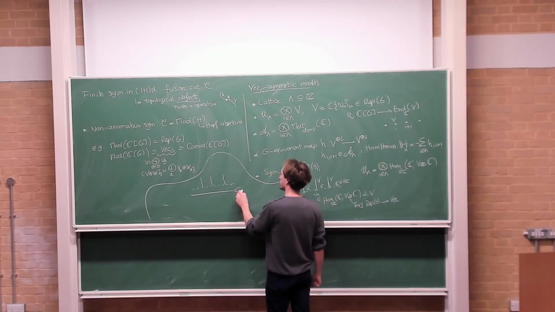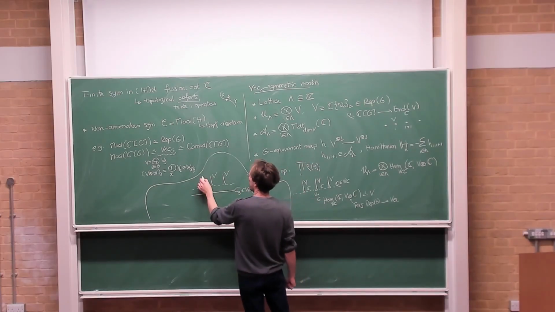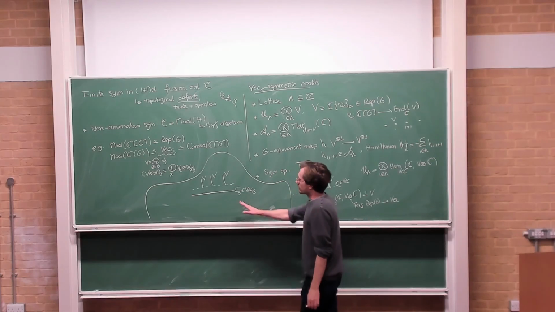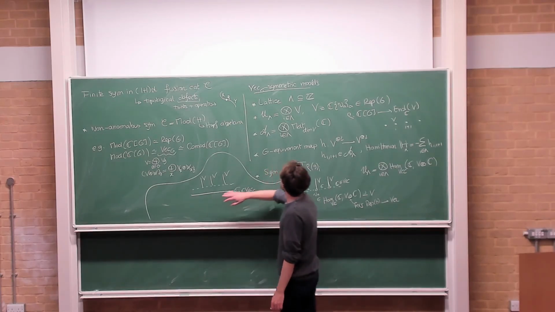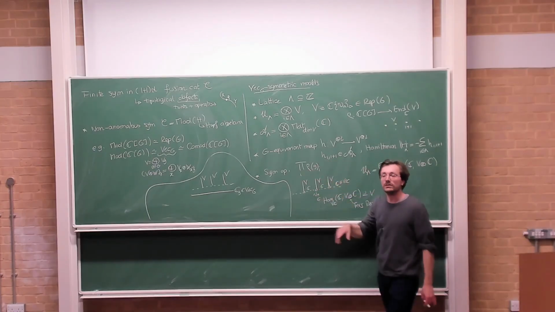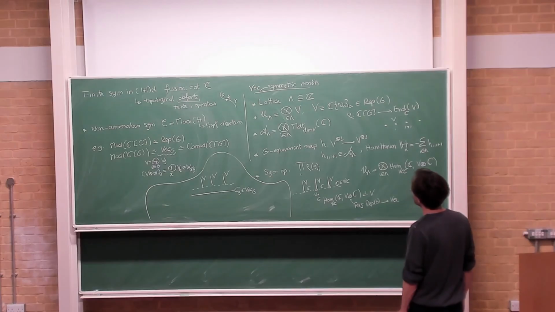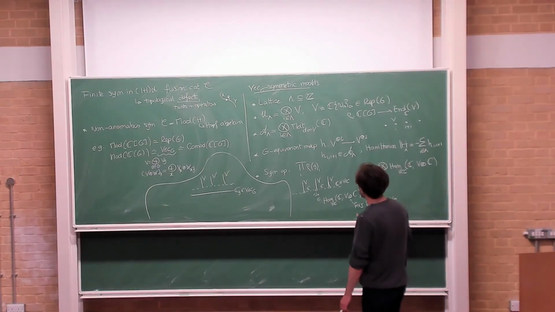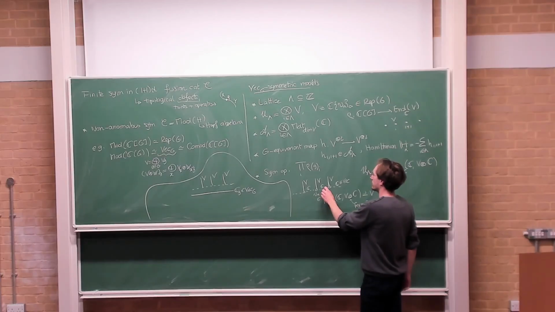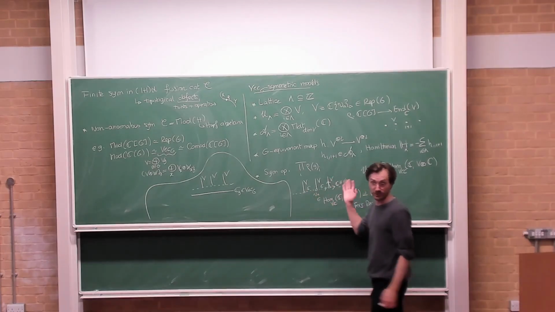So I have a simple object in Vec G, because my symmetry is Vec G. And here I draw it as a line. So technically, my symmetry operator you can write as a tensor product. I'm reading the diagram from bottom left to top right.